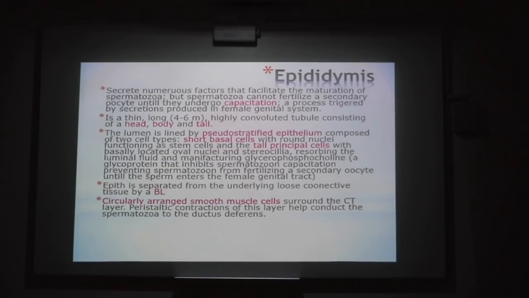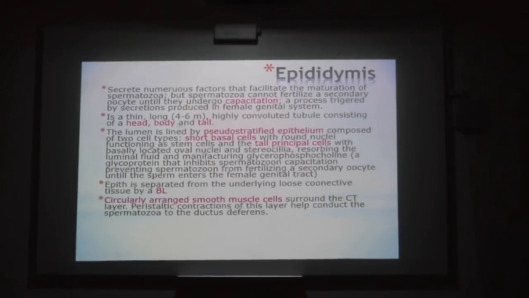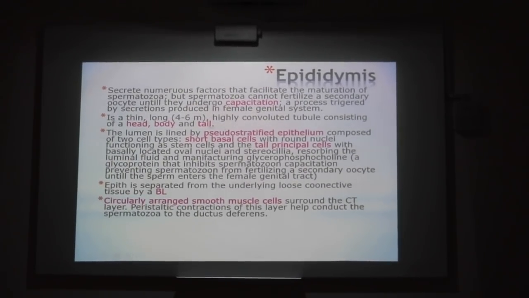Then in the tail of the epididymis, the sperm are stored. They can be stored there for weeks before they are ejaculated. So the functions of the epididymis include decapacitation, acquiring motility, and storage. It is a highly convoluted tubule consisting of head, body, and tail.